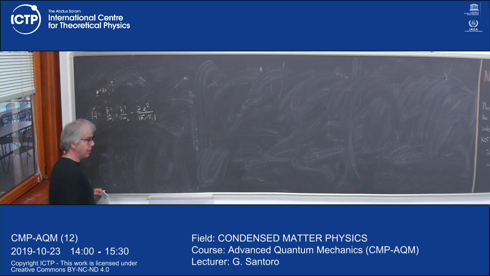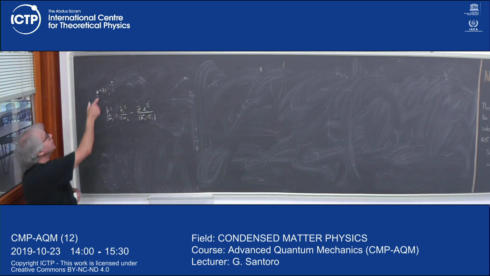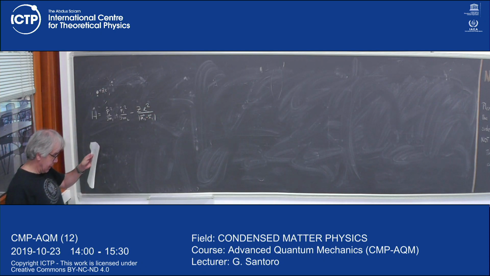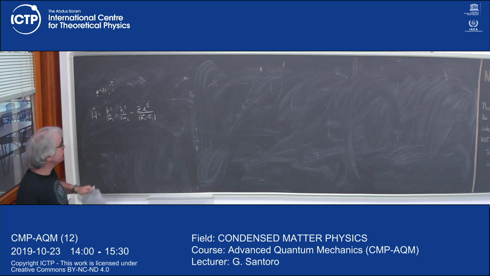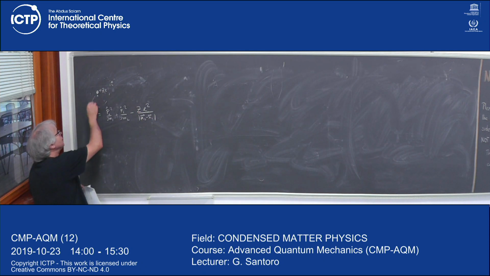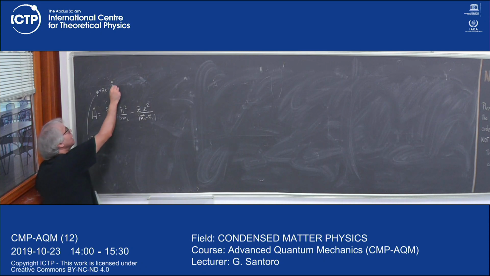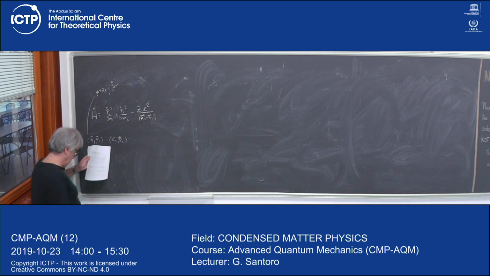Okay? That's the Coulomb interaction between the positive nucleus and the negative electron. Obviously, to this I have associated the x1 and p1 pair of operators, and to this I have associated x2 and p2 pair of operators.